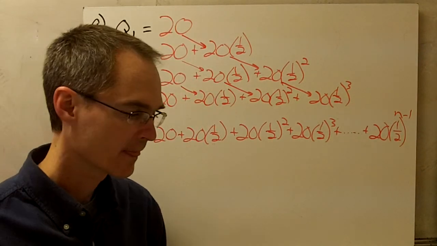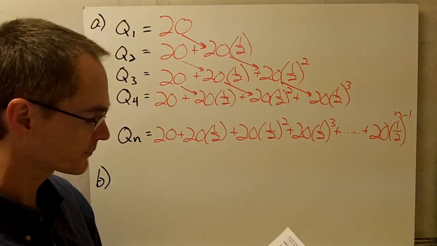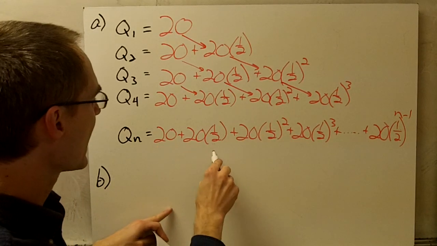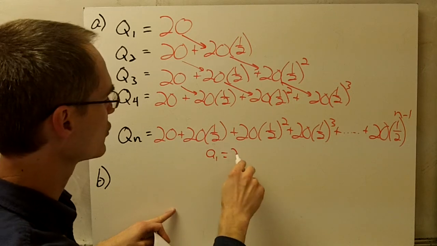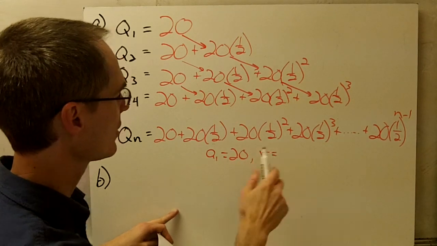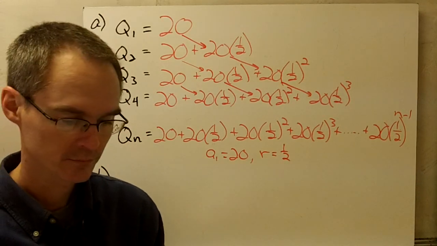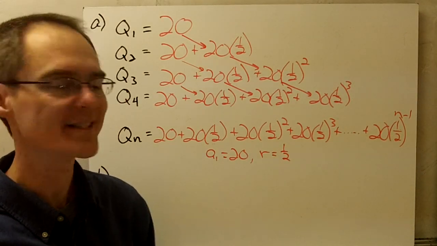All right. So there's our geometric series. And I notice that this is a geometric series where a, our first term, is 20, and r, our common ratio, is 1/2.